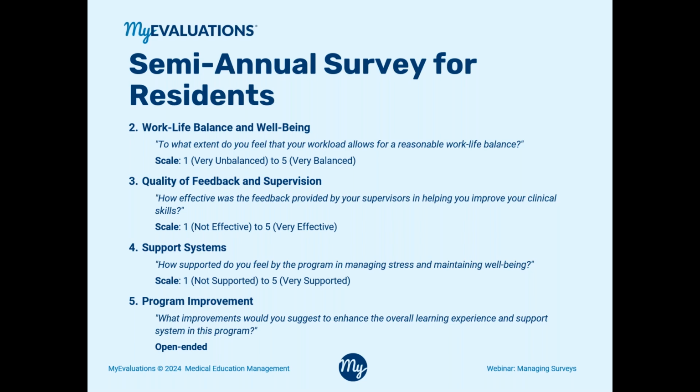So again, change your mindset and don't think that you have to do one survey and that one survey has to have everything you need in it. Here are 5 very simple questions with very simple scales. And on the mobile device, for the open-ended question, they're able to use the microphone to record their feedback, and the mobile app will actually convert the recording into text.